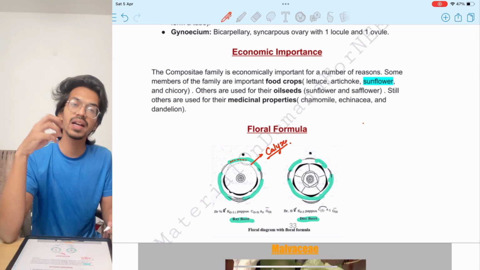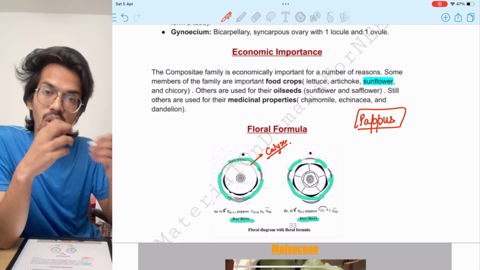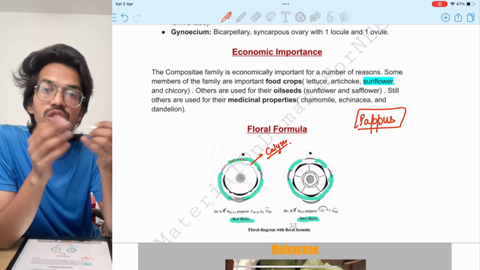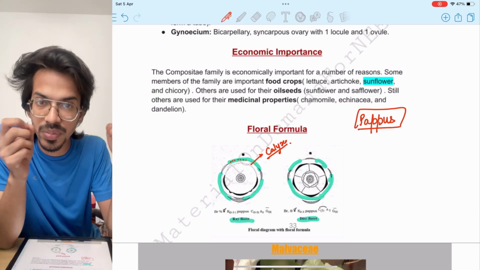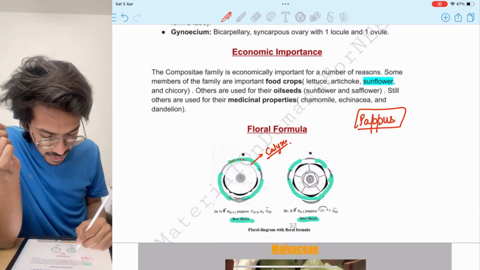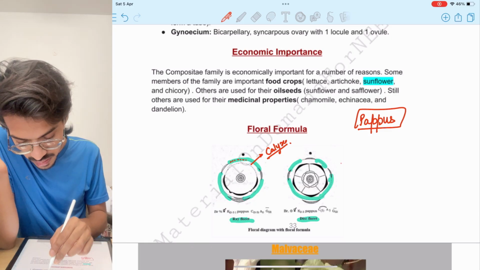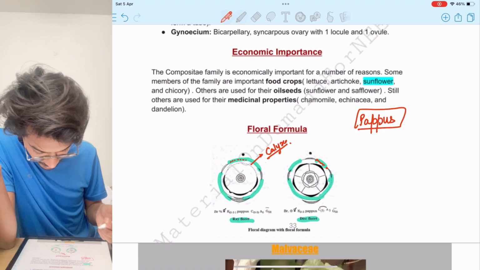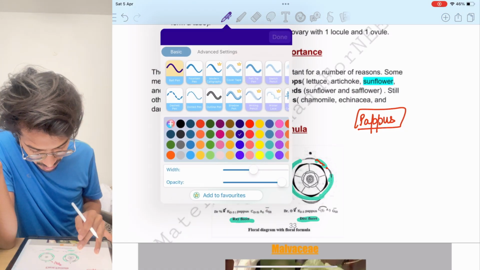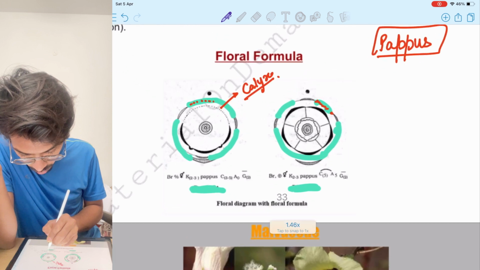Pappus is when, over the maturation period, the calyx changes itself into a hair-like structure. Since hair is not a proper structure, and multiple hairs are there, it is shown as a dot structure. I hope this is understood. If pappus is present, we write that the calyx is in the form of pappus.